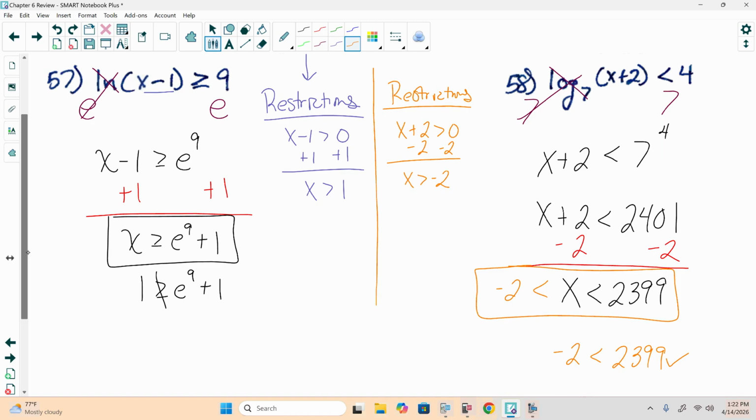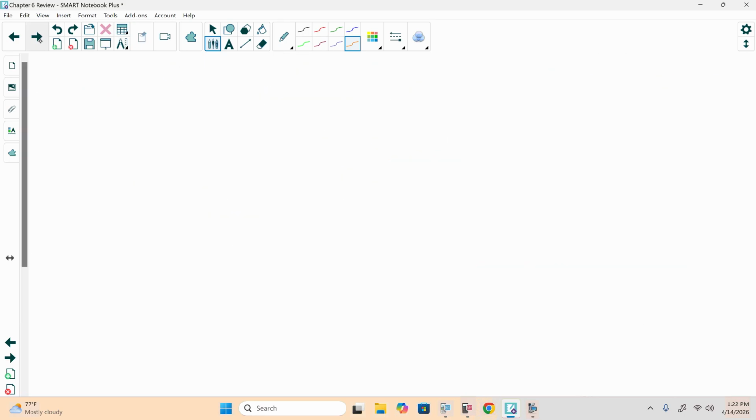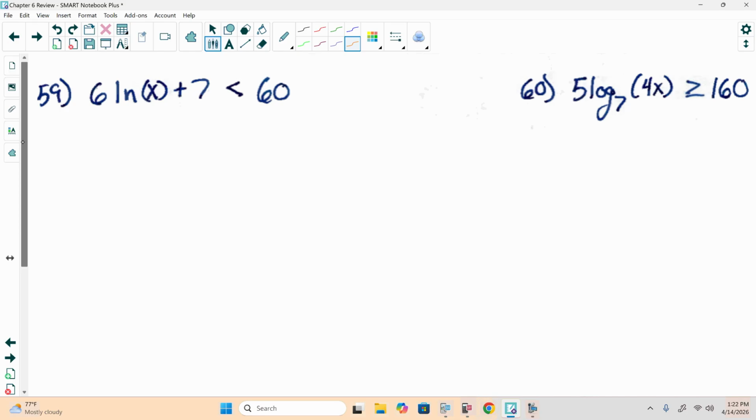How do we feel about our logarithmic inequalities? We feel good with 59 and 60? Either one of these that we want to see? 59. 6 times natural log of x plus 7 is less than 60. Again, restrictions.